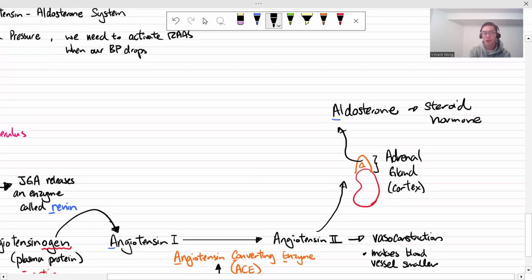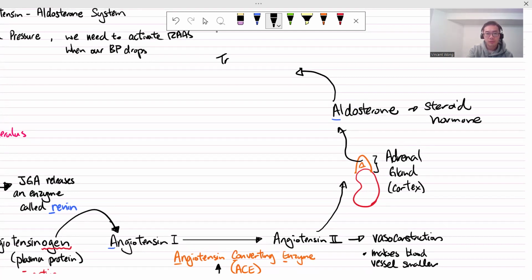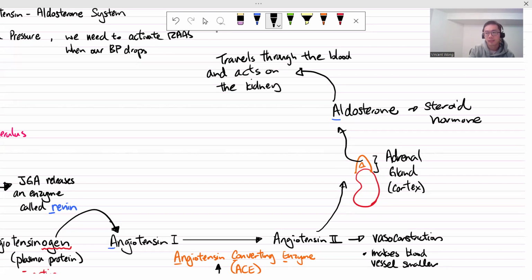Okay, so what does aldosterone do? Aldosterone is going to go to the nephron. It's going to travel through the blood and act on the kidney. So what does it do?